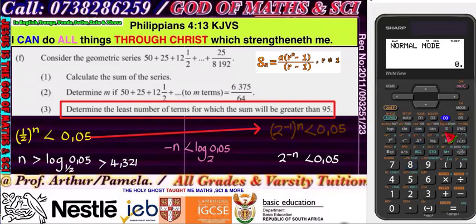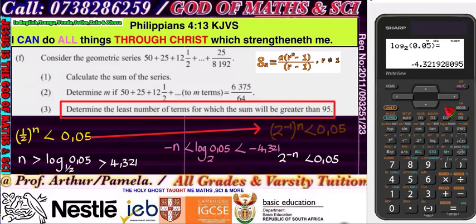The base is 2. Now we've got 0.05. Then you get that number. So that means it must be less than -4.321.